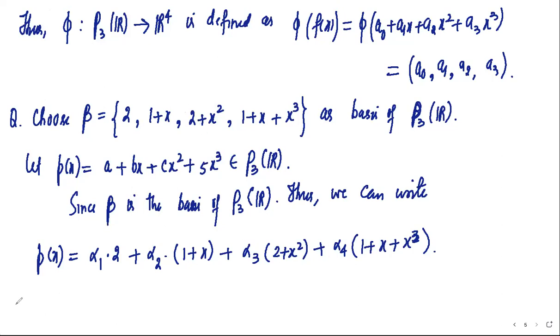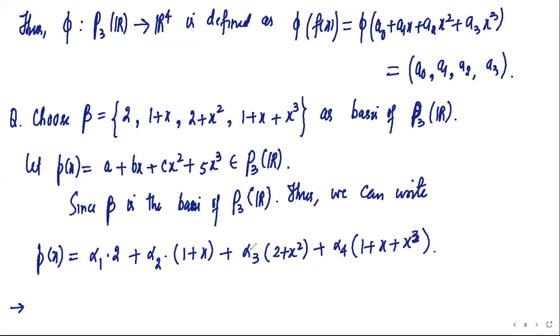Okay, so this gives, let's write this on the next page. This gives a plus bx plus cx square plus 5x cube, and this is equal to 2 alpha 1 plus, then what was the next one?